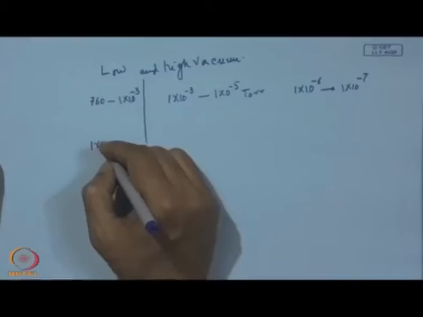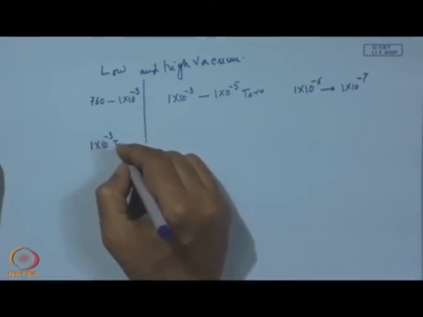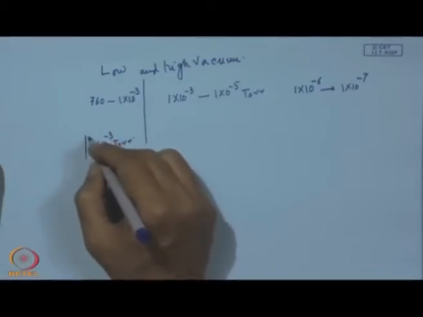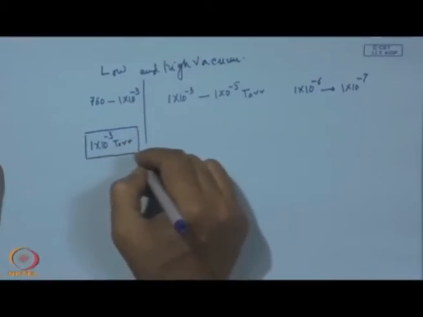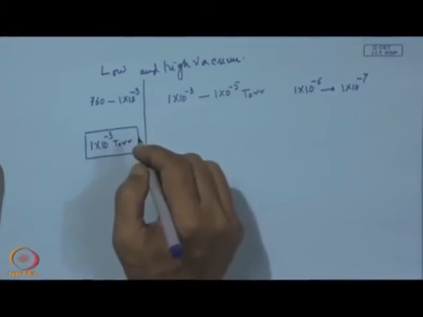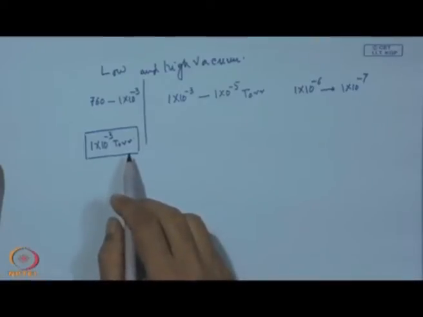During the process we have to maintain a pressure of a few tenths of torr or a few hundreds of torr. However, there must be a pre-vacuum to remove air and oxygen. That pre-evacuation should be done in the order of at least 10 to the power minus 3 torr. So, for all routine CVD, this is just a pre-evacuation of the reactor before we can really start the process.